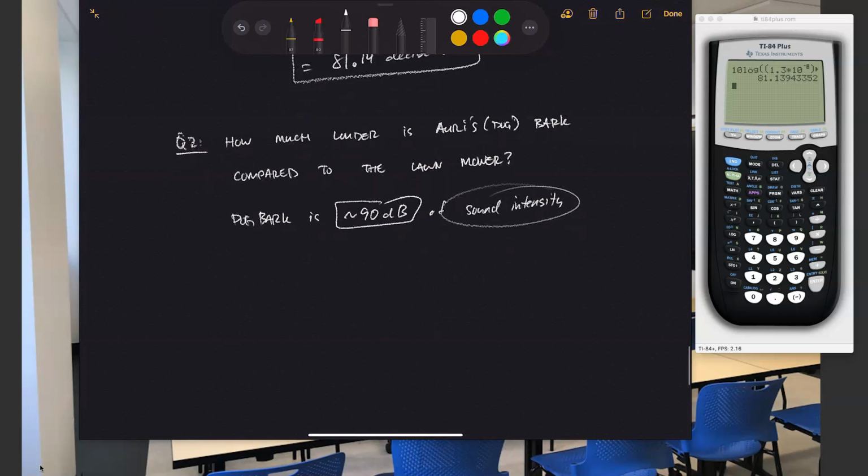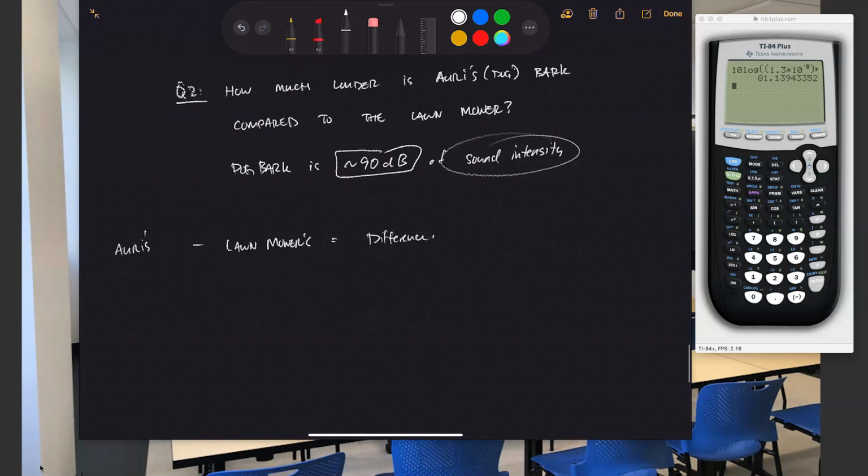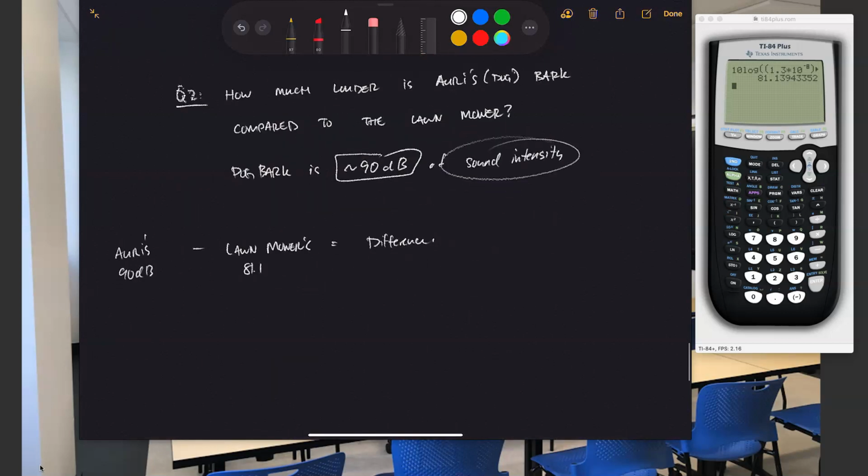What we can do is take the lawnmower's sound and subtract it from Ari's sound, which gives the difference between the two sounds. Ari's was 90 decibels and the lawnmower was 81.14 decibels.